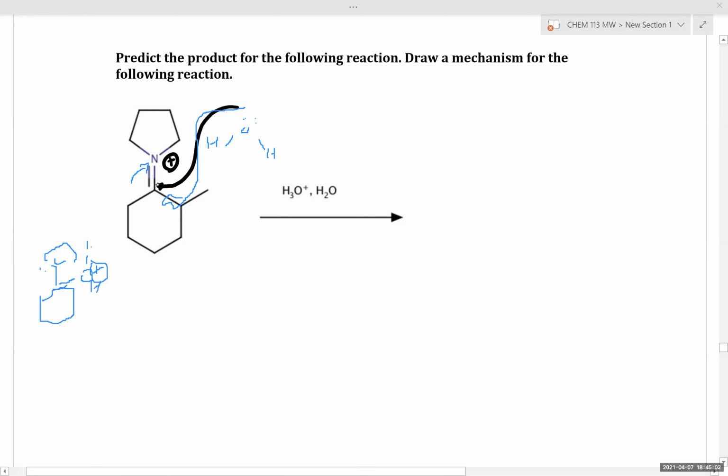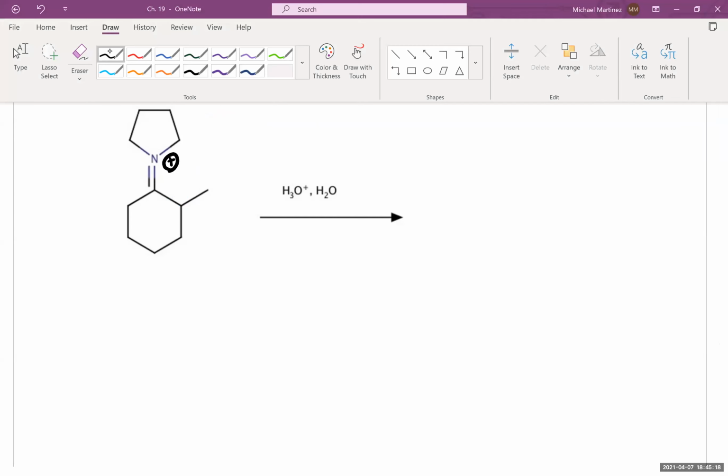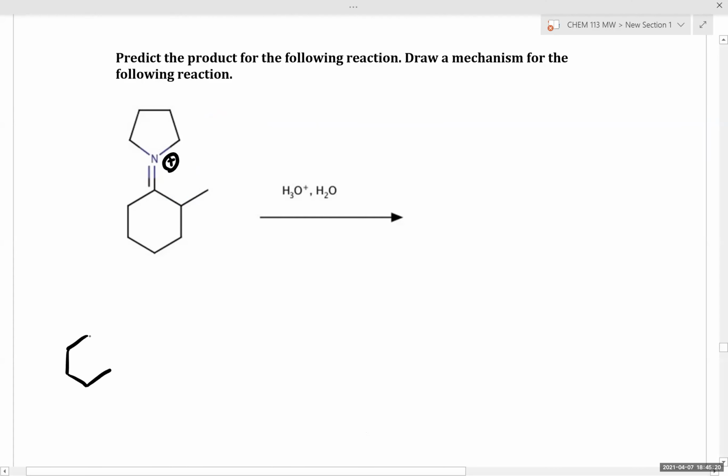Let me re-annotate what the student has shared, so that we're all on the same page as we go through this mechanism. We drew out the first marquee step in this route, which is the attack of our nucleophilic solvent, in this case water, onto our highly electrophilic iminium ion carbon.